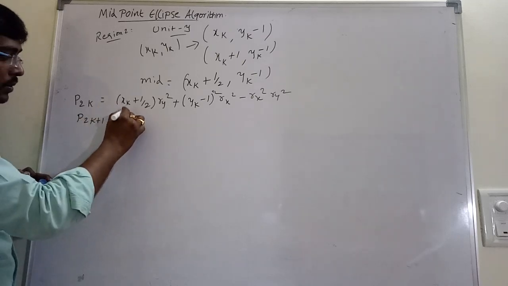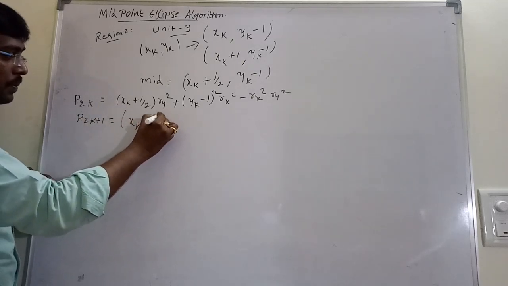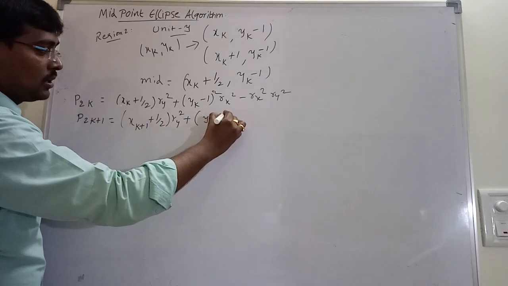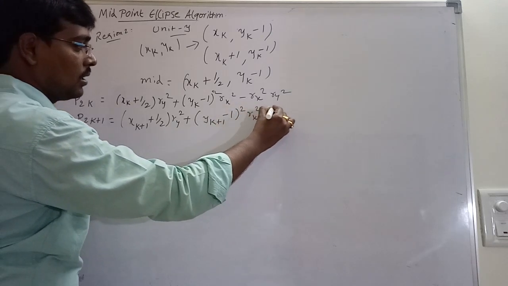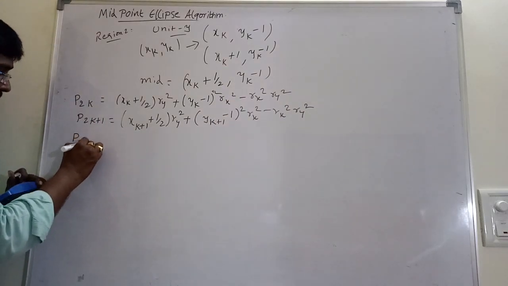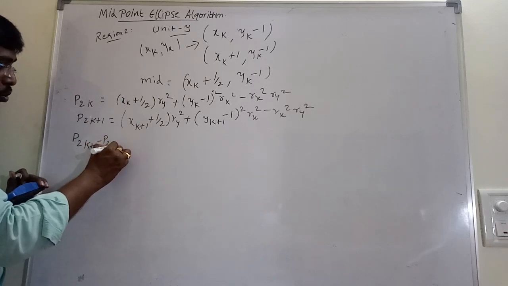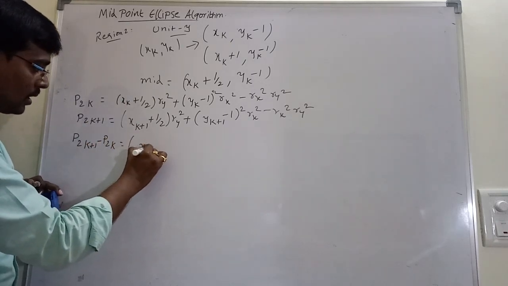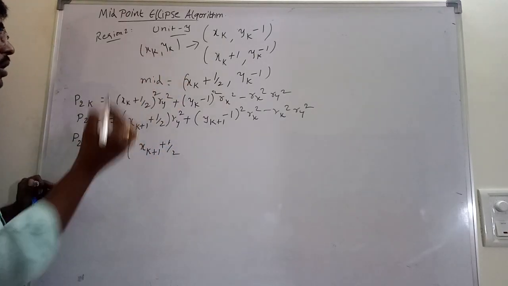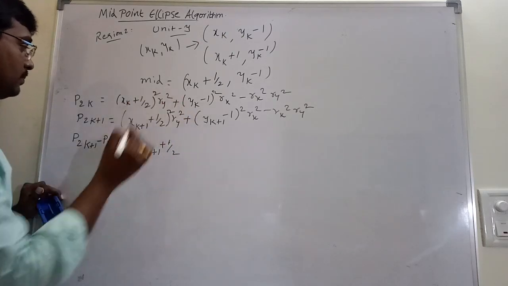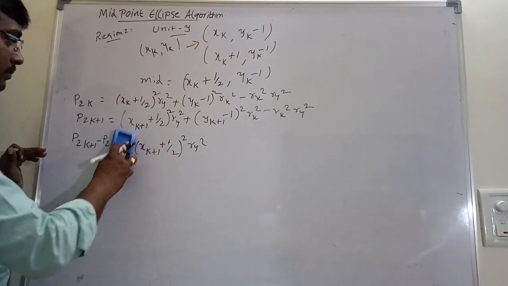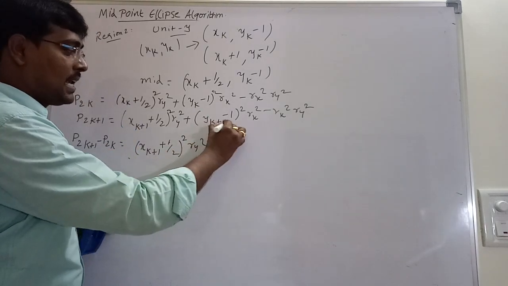P2k plus 1 is equal to (xk plus 1 plus half) into ry square plus (yk plus 1 minus 1) whole square into rx square minus rx square ry square. Similar procedure, P2k plus 1 minus P2k is equal to (xk plus 1 plus half) whole square into ry square plus yk plus 1.